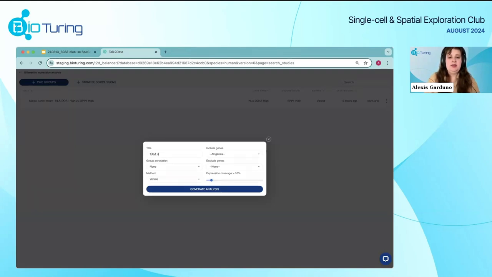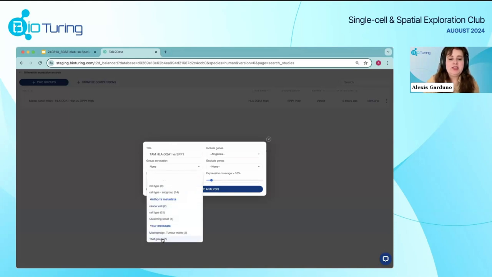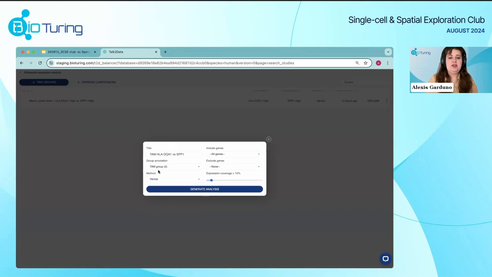So TAM, HLA-DQA1. Okay. And I'll go into the group annotation. So I specifically want to select my TAM group labels with the high characterization that I identified, and then I'll generate the analysis from here.